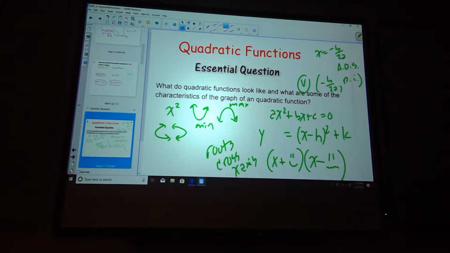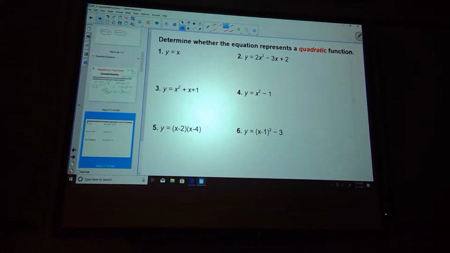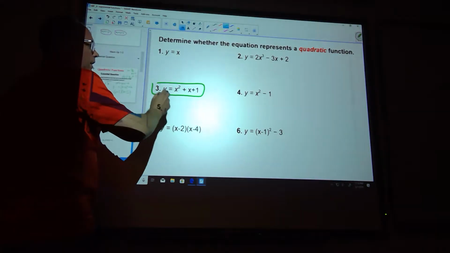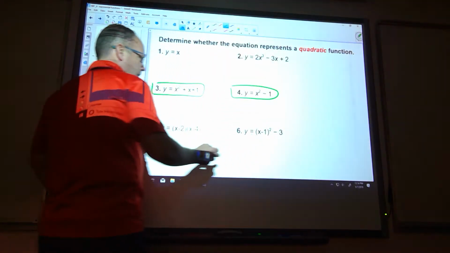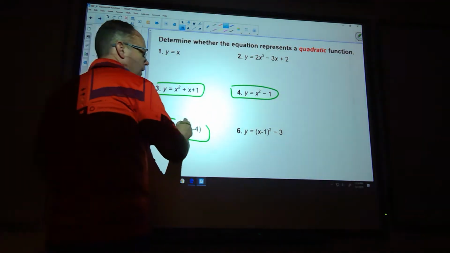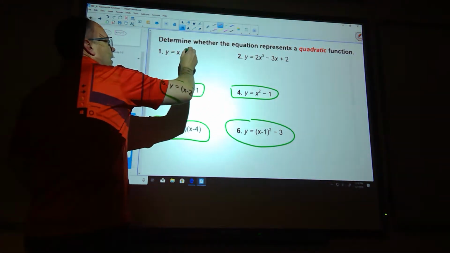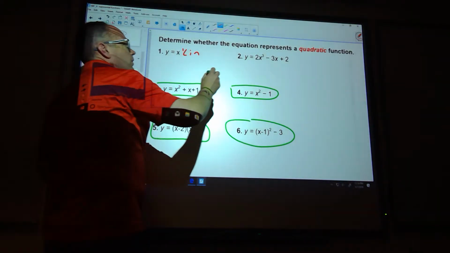So again, we're just kind of rehashing a few things. So determine if it has a quadratic. So I think this is a quadratic. This is, and this is. This is linear, because that's x to the first.